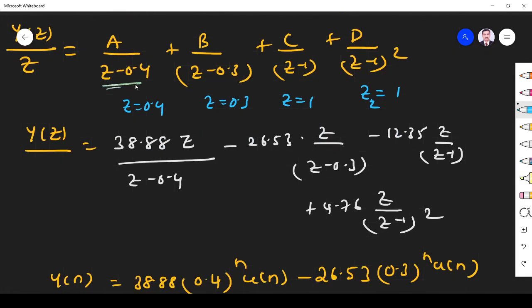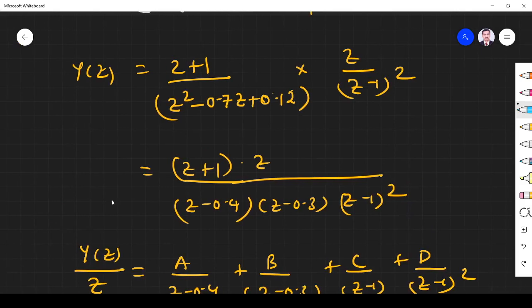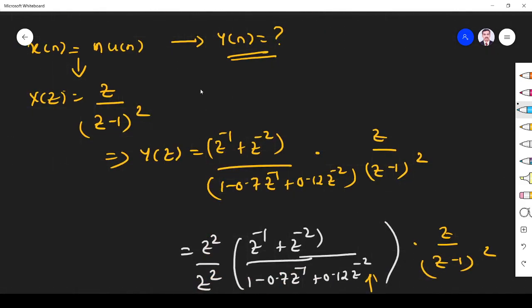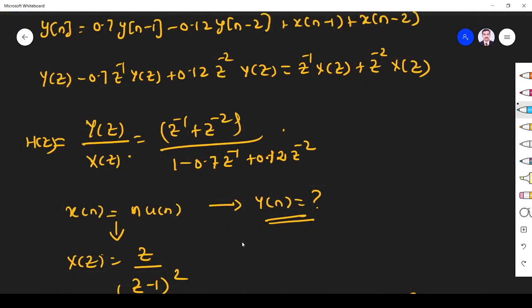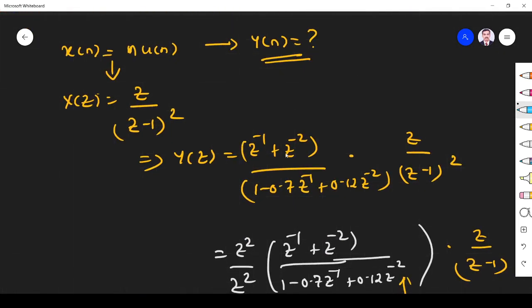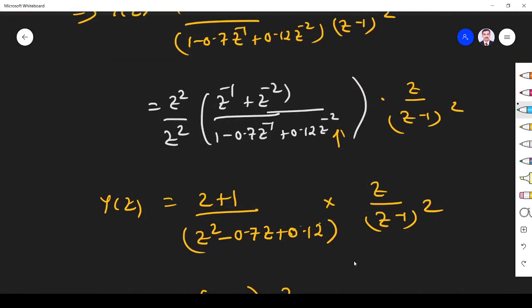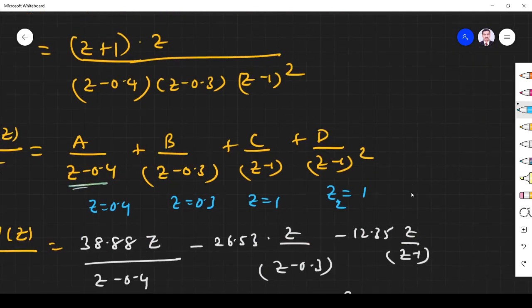You just need to check that all the poles are inside the unit circle. So surely this must be a stable system. If you simplify H of z and factorize everything, you will get that only. That's what we have factorized and found the partial fractions, and from that we got these values.